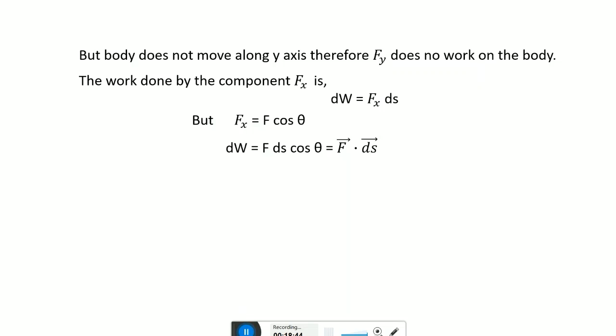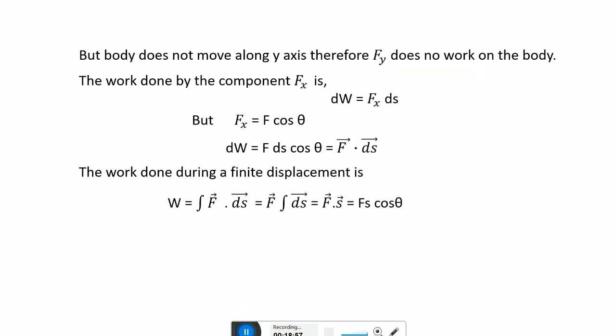And this F ds cos theta can be written as vector F dot vector ds. So, the work done during a finite displacement is W is equal to integration of vector F dot vector ds, means vector F, as F is constant, so vector F dot integration of vector ds, and integration of ds is s, so we get vector F dot vector s or Fs cos theta.